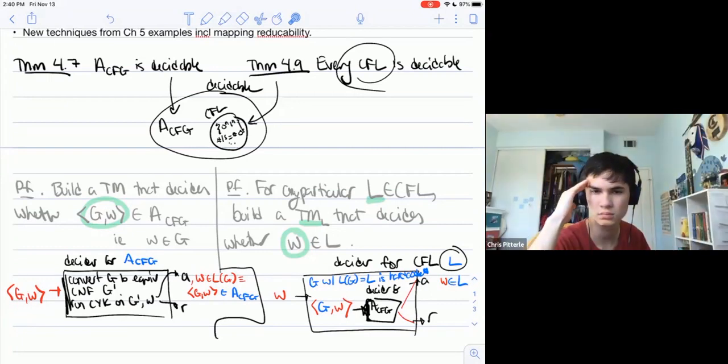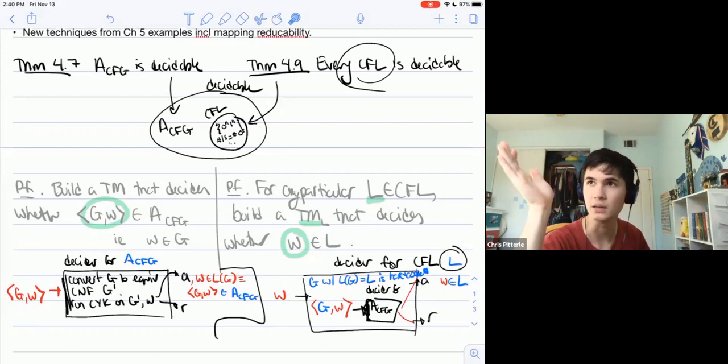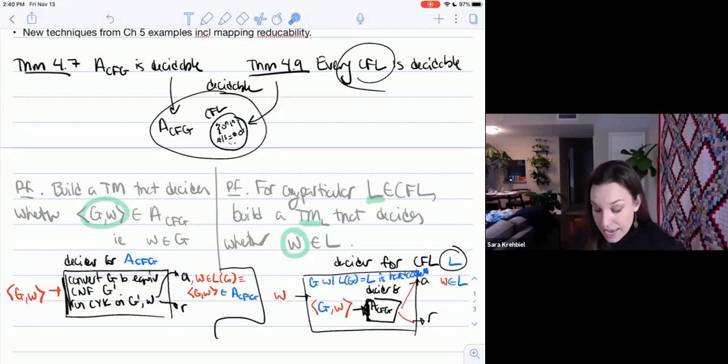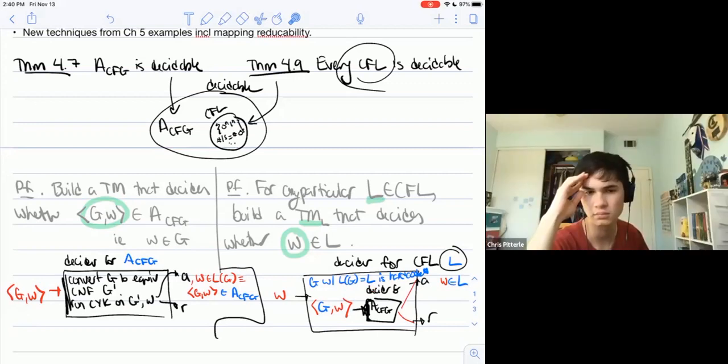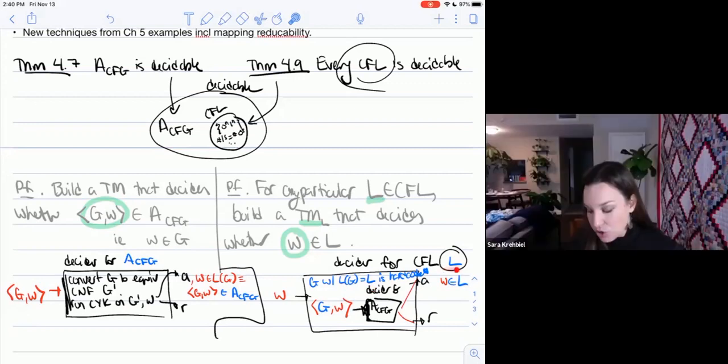Okay, so we're saying that G is one of the grammars of L. Yeah, so G is some grammar whose language is L. Yep. And because I know that L is a CFL, some G exists.